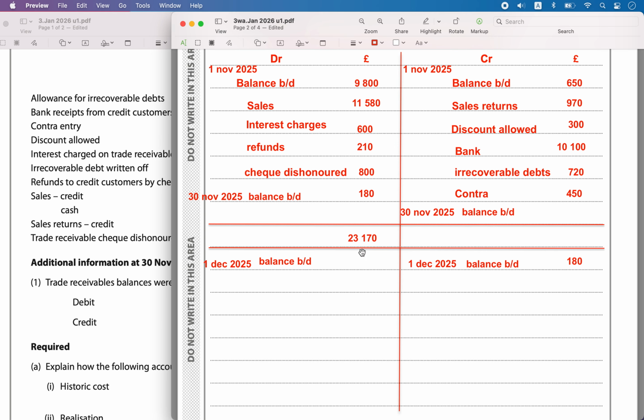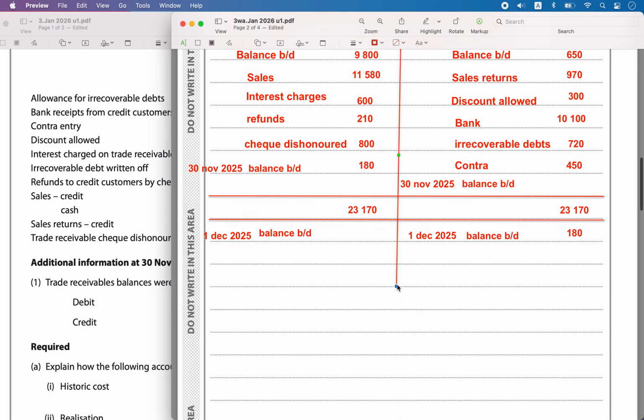Because the total has to be the same on both sides, now 23,170 minus the rest of the balances will give you the balance brought down on the credit side.